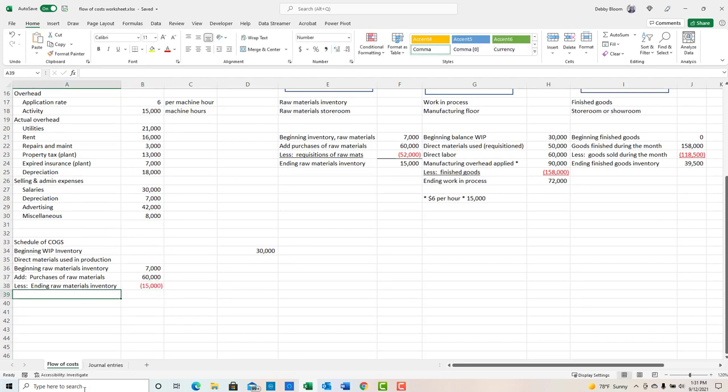And what we're also going to do is deduct the indirect materials used because they're going to be a part of the manufacturing overhead. So what that is going to do is come down to our first manufacturing cost, which is going to be our raw materials used in production.